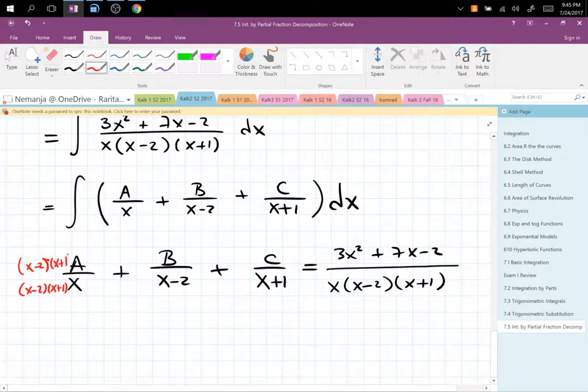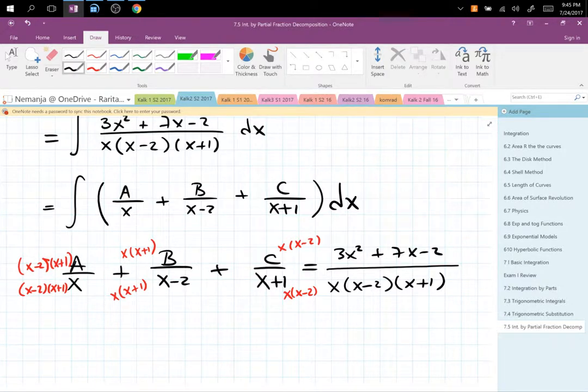The second one is missing x plus 1. And the third one is missing x minus 2. So now we don't have to bother with denominators because both sides will have a common denominator. We just have to worry about the numerator. So we have to FOIL and multiply A, then FOIL, multiply B, FOIL, multiply C, and then we'll collect like terms and do all of the other stuff later.